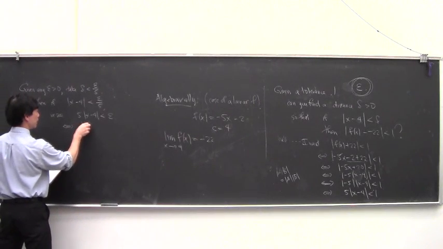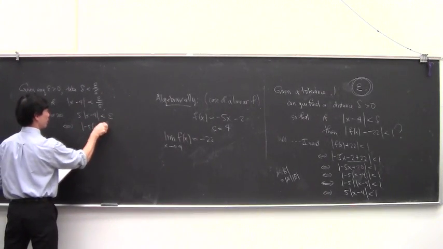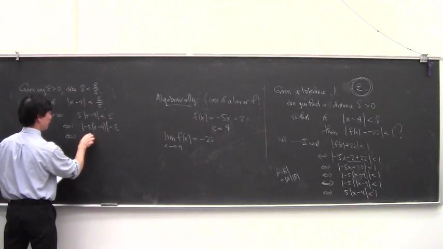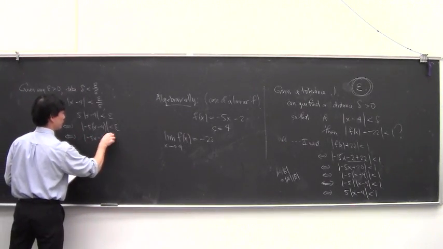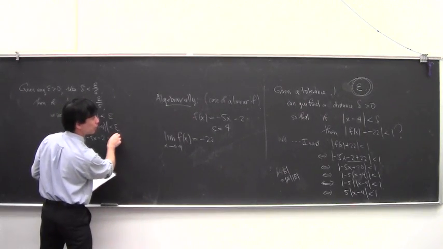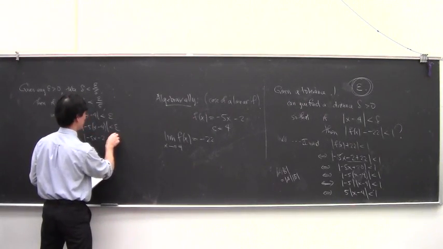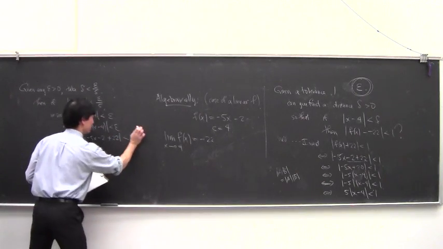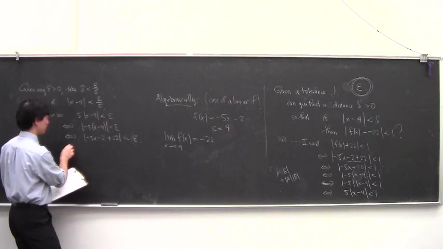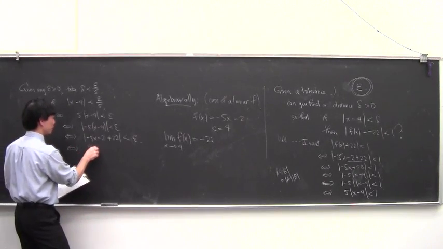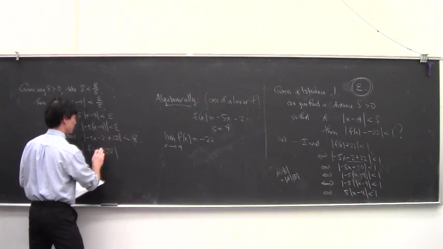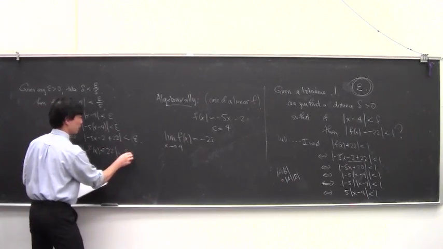Which is equivalent to the absolute value of negative 5 times x minus 4 being less than epsilon, which is equivalent to negative 5x minus 2 plus 22 being less than epsilon, which is to say that f of x minus negative 22 is less than epsilon.